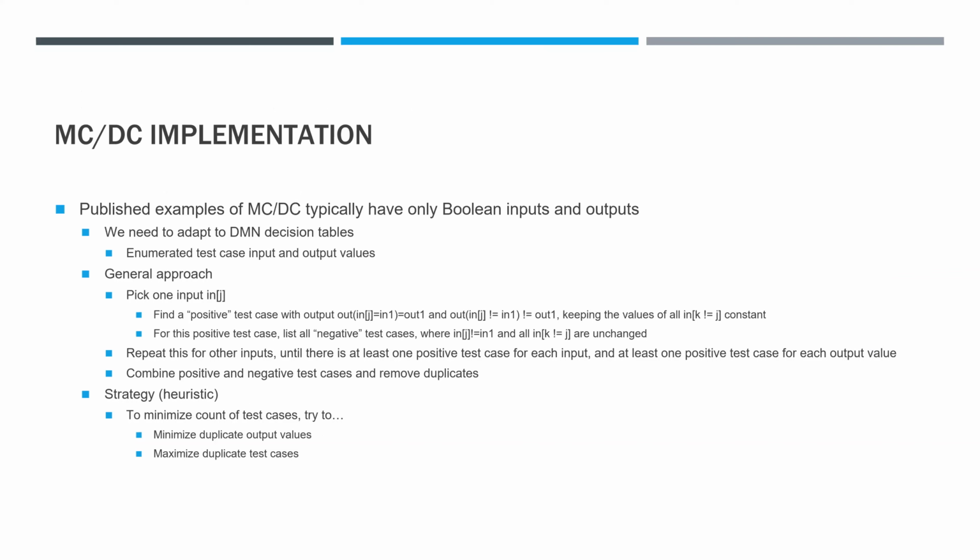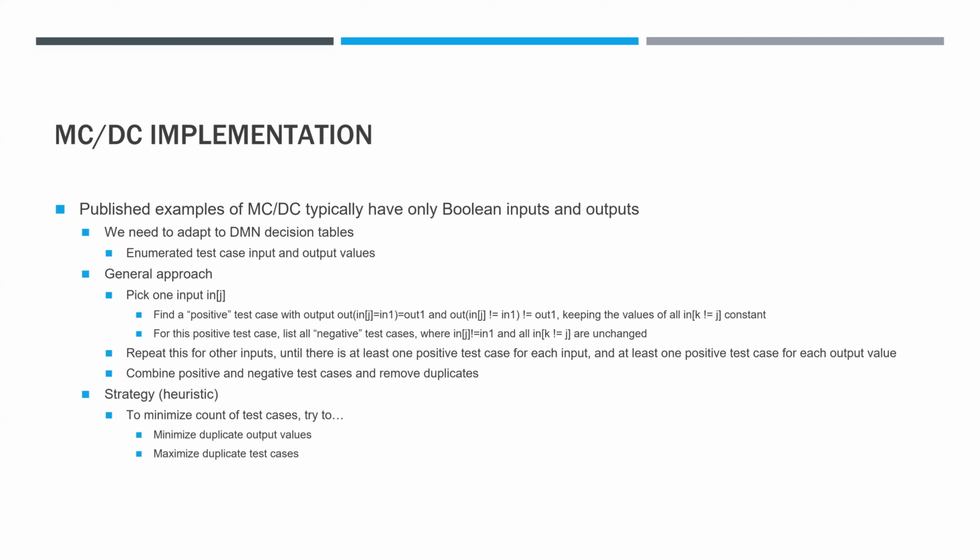The algorithm requires enumerating test values for each input, then picking one input to start and a value, call it in1, defining a positive test case with output value, call it out1, such that all other values of that first input other than in1, while retaining the same value for all the other inputs, give negative test cases having some output value other than out1.